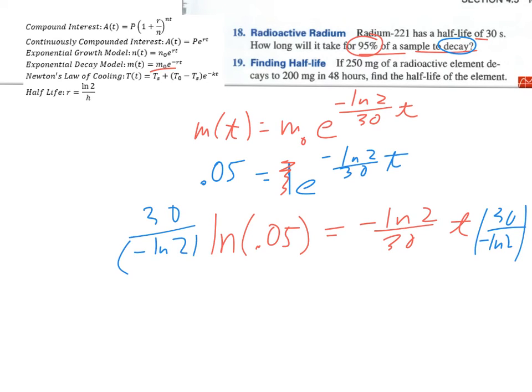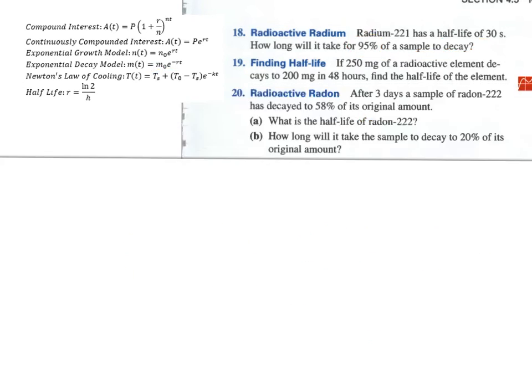All right, and so those cross off, so I get t equals 30 over negative ln2 times ln of 0.05. And if I do that, I get 129.66, and this is in seconds. So there you go.